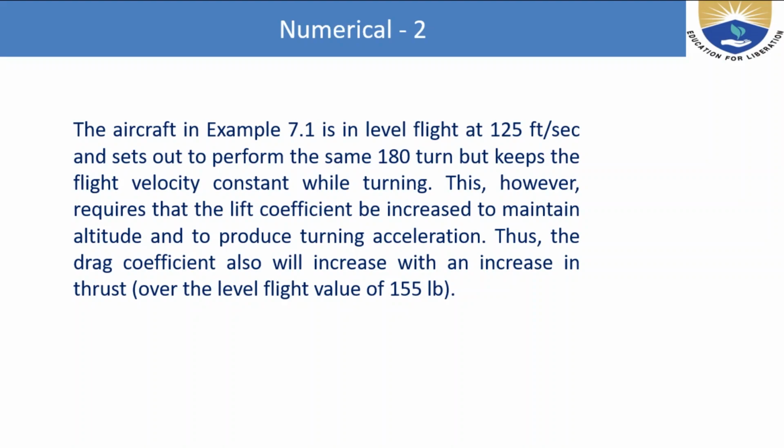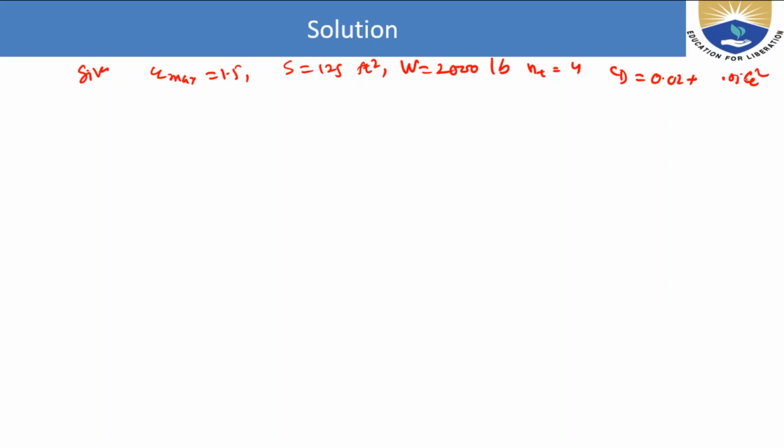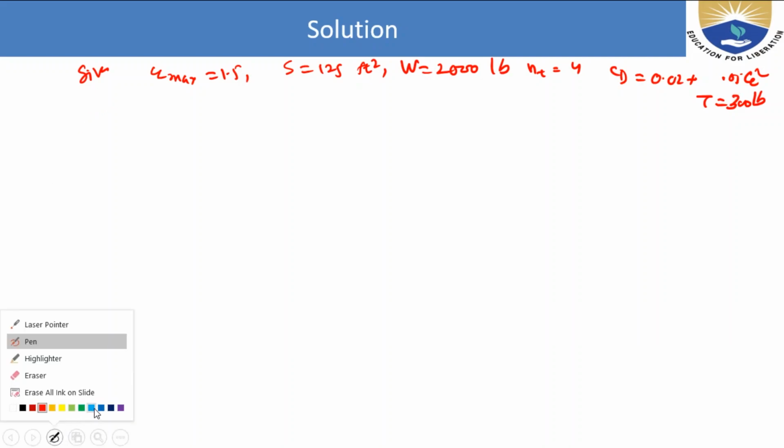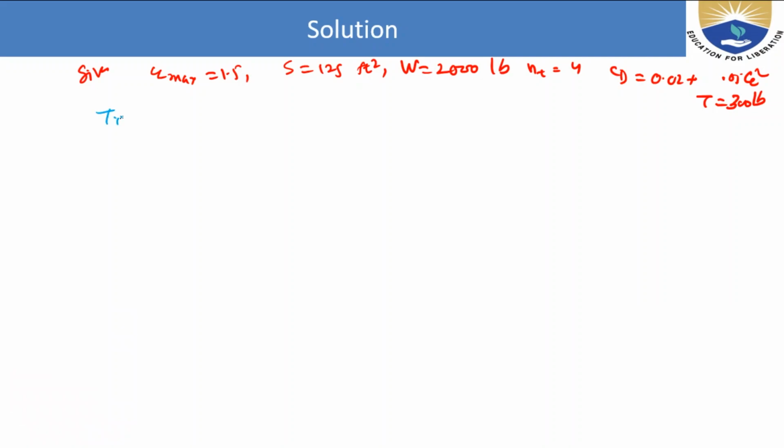So, we will see here that in this also the given CL max is equal to 1.5, S is equal to 125 feet square, weight is equal to 2000 pound, CD is equal to 0.02 plus 0.05 CL square, T is equal to 300 pound. So we have to find out first the time t.